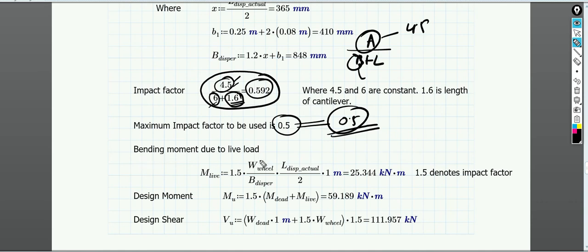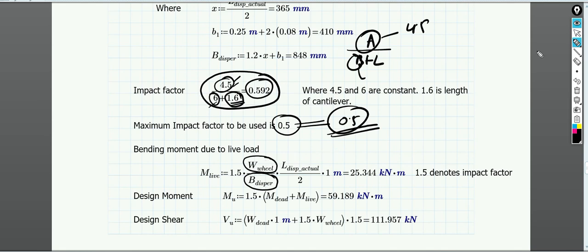Then bending moment due to live load. Now let's calculate the bending moment. The bending moment will be the load W by the b dispersed, the width of the dispersed, that will be the loading. What is the wheel load?